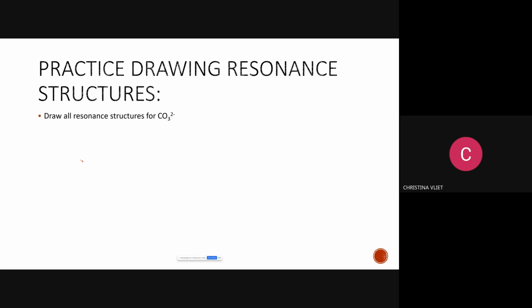Okay, so first let's discuss how to properly draw CO3 2 minus. The basic way. How many valence electrons does oxygen have? 6. And carbon? 4. And so if we use our original method of drawing the Lewis structure, we would get this.